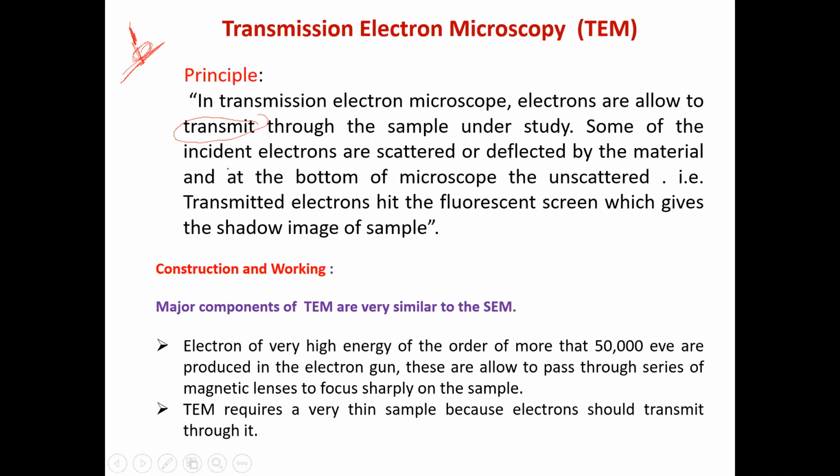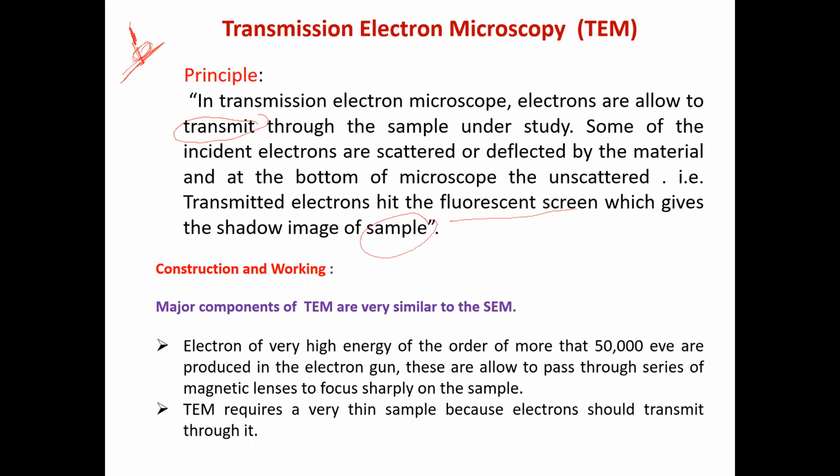Some of the incident electrons are scattered or deflected by the material, and at the bottom of the microscope, the unscattered, that is transmitted electrons, hit the fluorescent screen, which gives the shadow image of your sample. This is also a very important word, fluorescent screen, right?